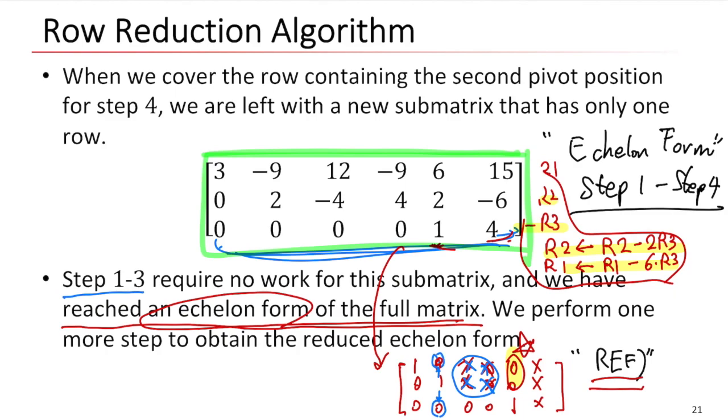Then, based on this echelon form of the matrix A, we can tell whether the solution set exists or not, whether the system is consistent or not. The system is consistent, or a solution exists.